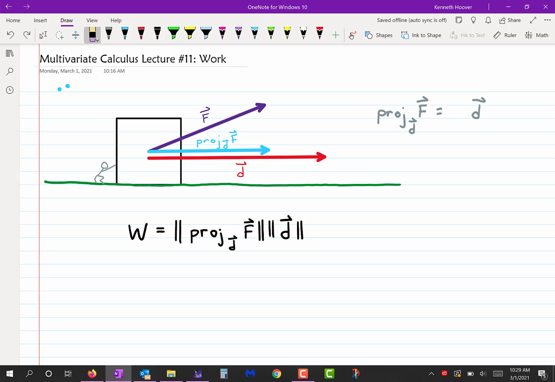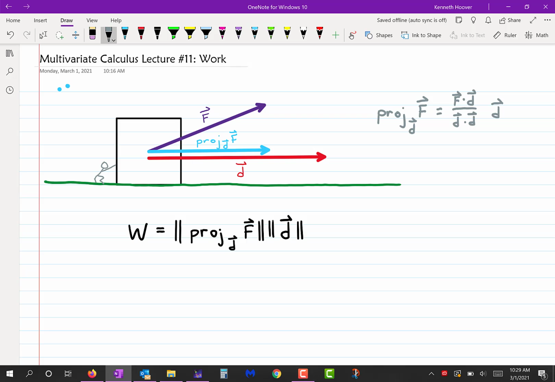Let me remind you that that number is, and I think I'm going to need a little more room, so let me move the vector D over a little bit. Okay, so the scalar that goes in front of that is the dot product of F and D divided by the dot product of D with itself. This is from the previous lecture. That's how you calculate the projection of F onto D.